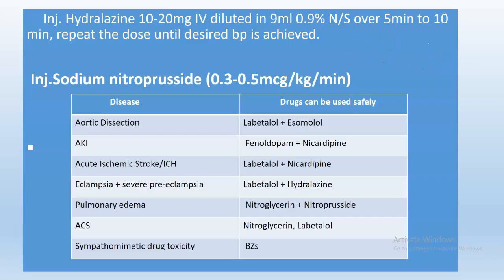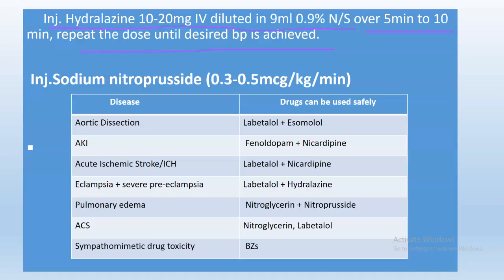Next, if labetalol is contraindicated or not available, depending on the institution, injection hydralazine 10 to 20 mg IV diluted in 9 ml of 0.9% normal saline over 5 to 10 minutes can be given, and it should be repeated until the desired BP is achieved.